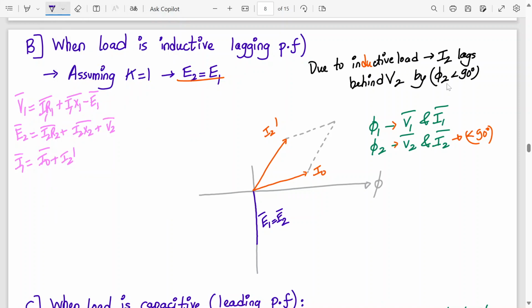So here what will come? Tell me. I1, right? Here I1 bar will come. So this is completed now.